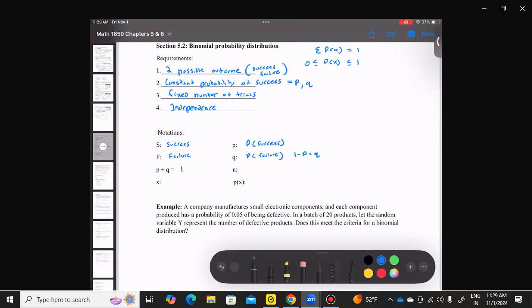And then the fixed number of trials means we have to know what the sample size is, or what N is. So N is our sample size, or number of trials. And then X is the random variable, with all possible values.